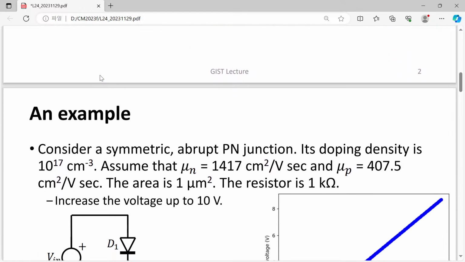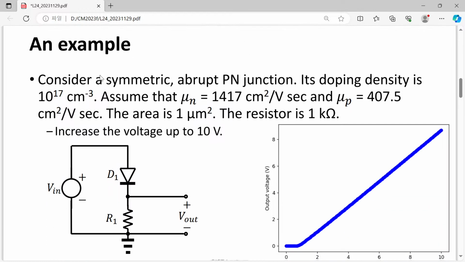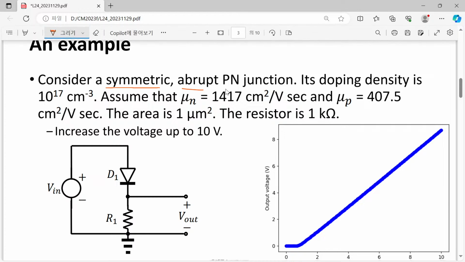So let me discuss this topic once again later. This is an example, so please try to follow my example with your own implementation. Consider a symmetric and abrupt p-n junction. Its doping density is 10 to the 17 per cubic centimeter on both sides.